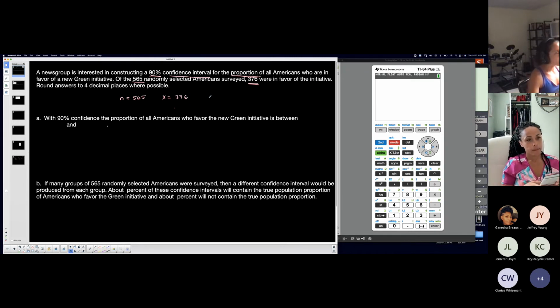Now, sometimes they give you the number of successes, sometimes they give you what we call P hat. Remember I told you guys it's really important to know your variables. This is P hat, which is a sample proportion. So a proportion is a fraction, is a decimal.